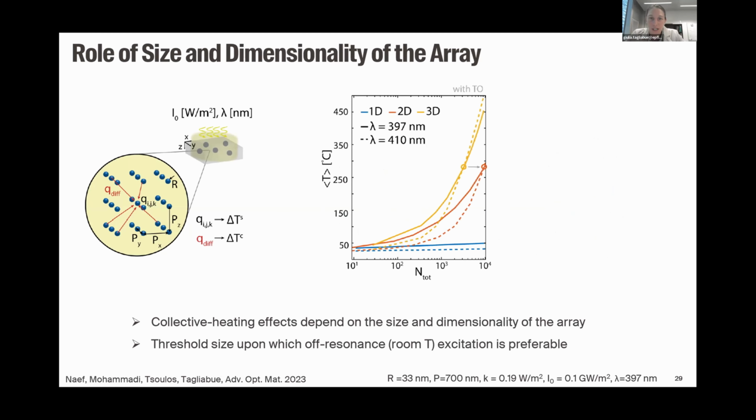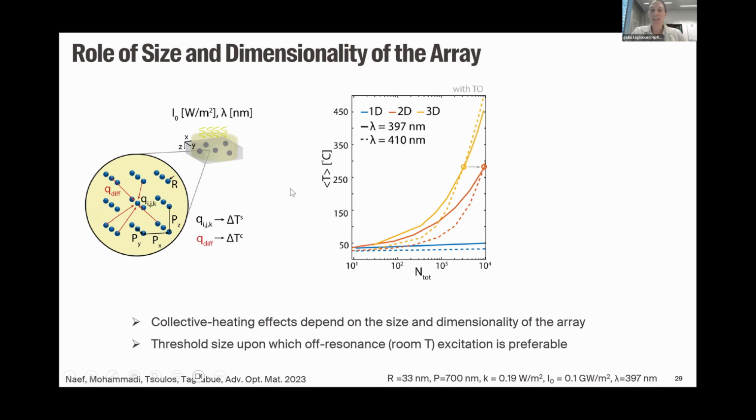Something interesting that one can also try to compute is to ask the question, let's assume that I have the same number of photothermal particles. I just arrange them differently in a one-dimensional series, in a two-dimensional plane, or in a three-dimensional cube.